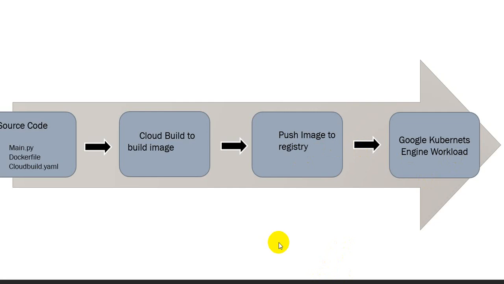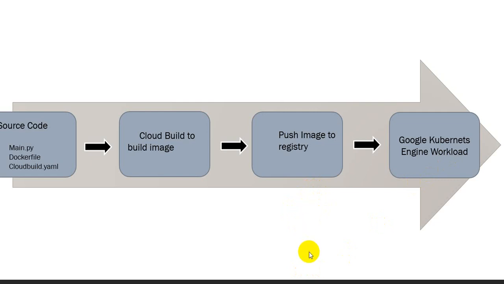So take an example. Suppose in your Google workload you have implemented one of the web apps, and you want to change something, like from version 1 to version 2. Whenever you change anything, like from version 1 to version 2, on the back end it will be created and updated inside the image, and that image would be applied in your workload.